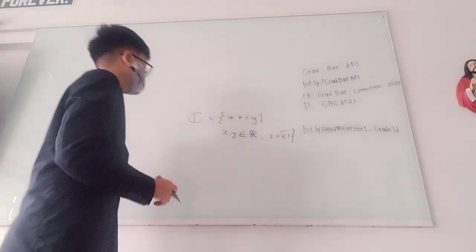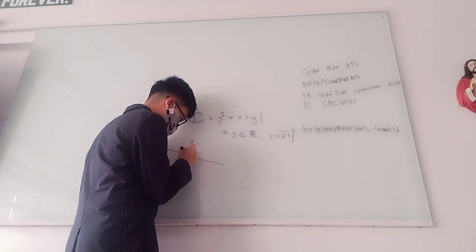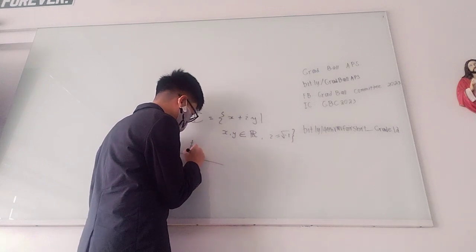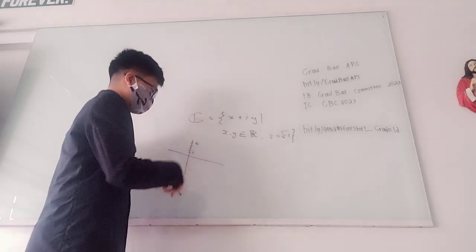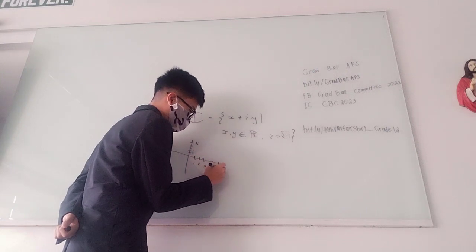You can think of this as a manifold. Of course, it's a plane, and the y axis is the multiples of i. This is i, 2i, 3i, 4i, 5i, and then in the minus direction, and this is the real component 1, 2, 3, 4, 5, and so on.